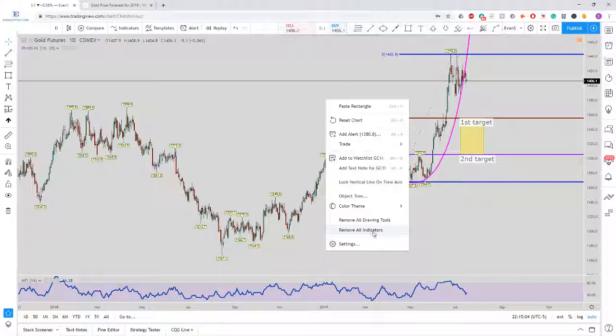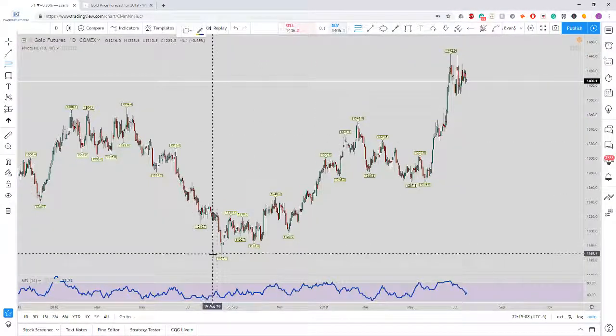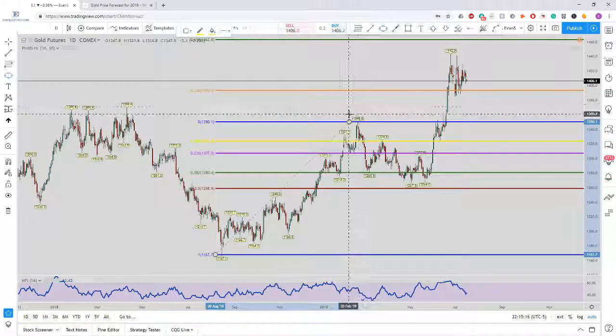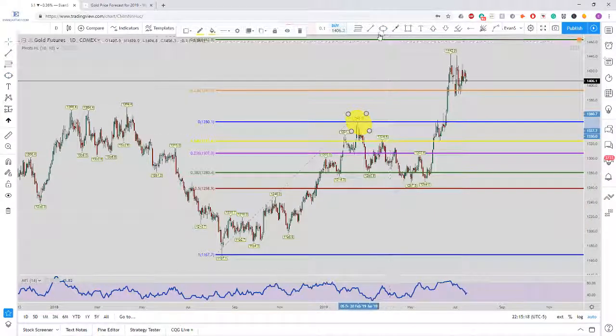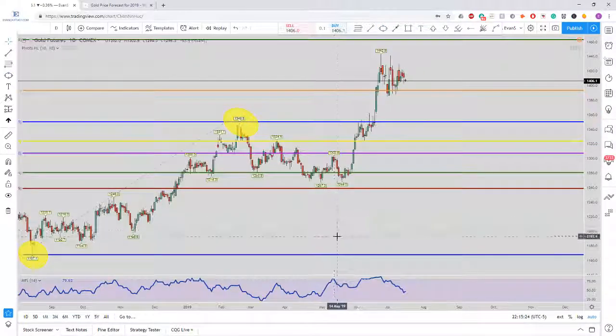Let me remove the drawing tool right there. There we go, using that lower pivot and that upper pivot, we have the 123 to 161 short setup right here. So we're already short in the 4-hour chart, and now we're going to have a short setup in the daily chart as well.